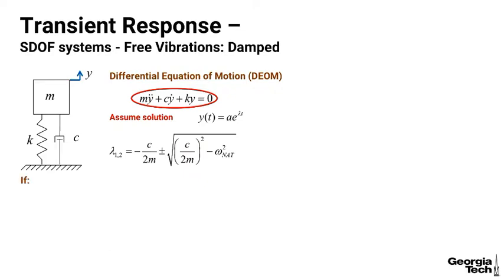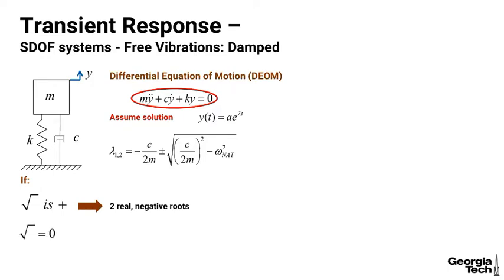And so there's some different situations here. If the quantity underneath the radical is a positive value, but it's less than c over 2m because we're subtracting omega natural squared from it, and therefore, you're going to end up with two real negative roots.